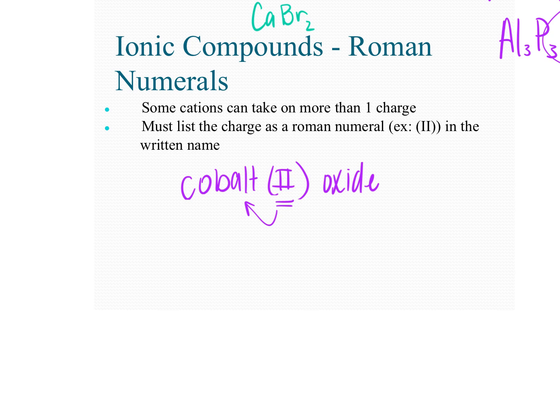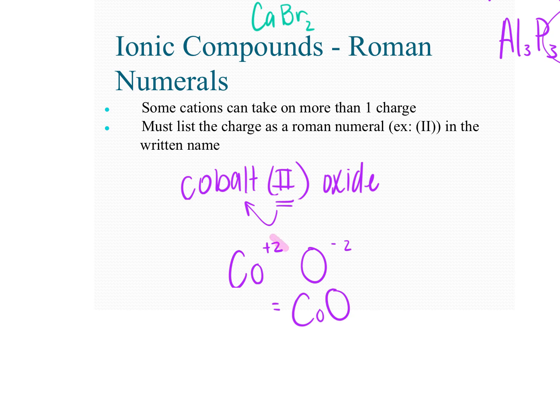Okay, so when I go to make the formula, I would say cobalt is a +2 and oxide is a -2. And so what's my finished formula there? What would it be? Okay, I want my chemical formula. What is it? CoO, right? It goes together 1 to 1, don't they?